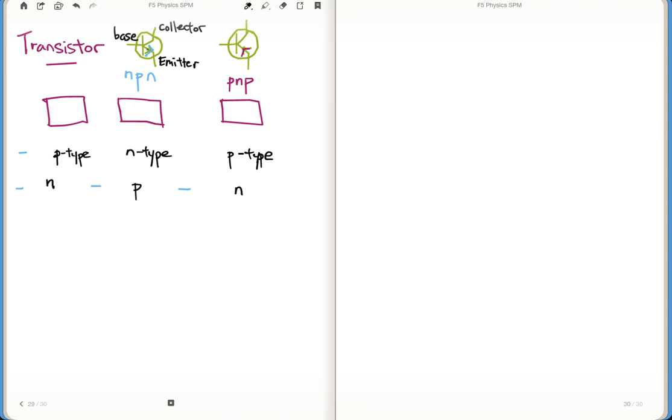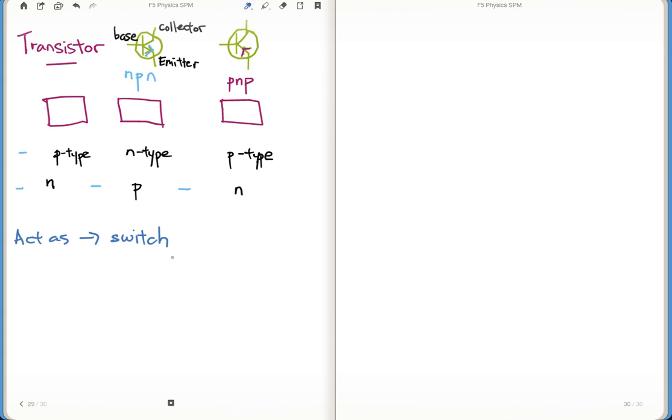It allows electrons to pass through under certain circumstances. The base controls how the current diffuses through it. It acts as a switch. The transistor works as a switch, on and off, controlled by the base.